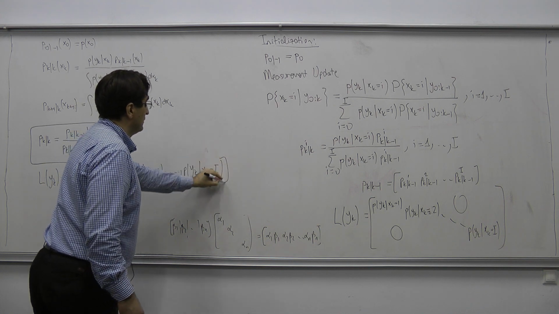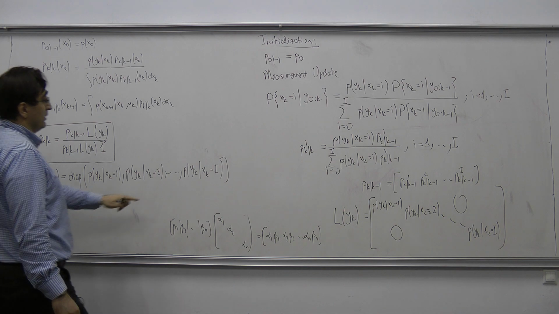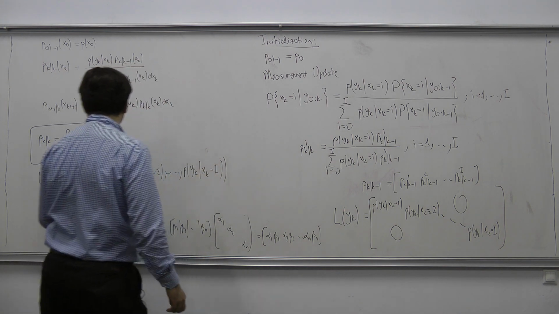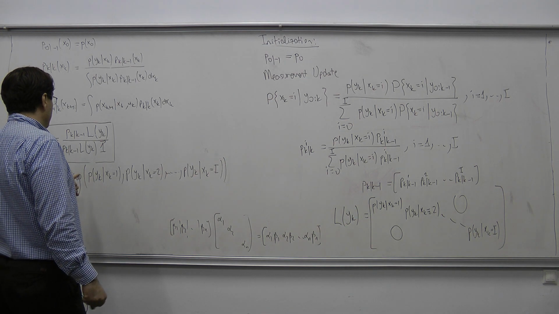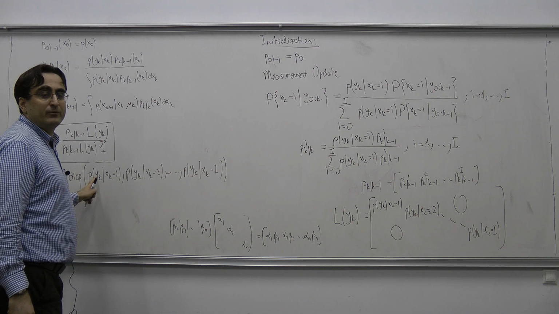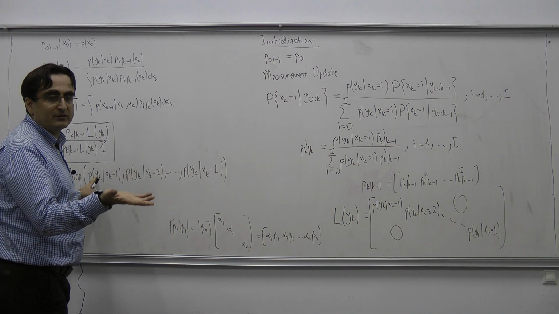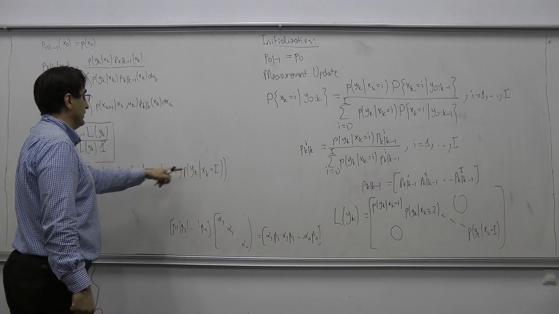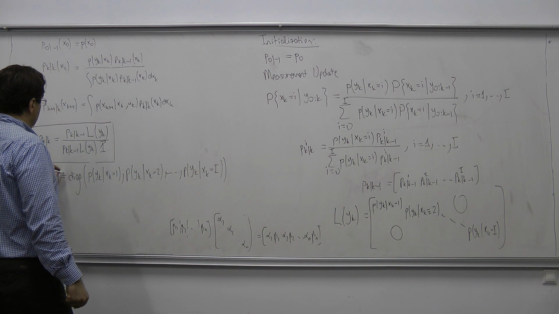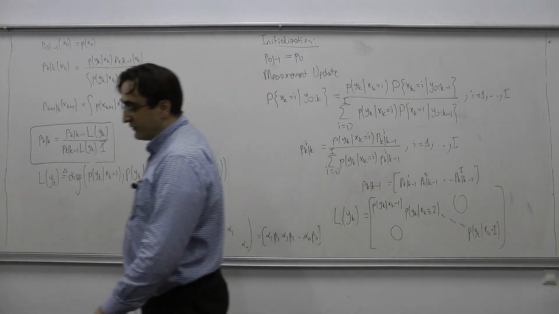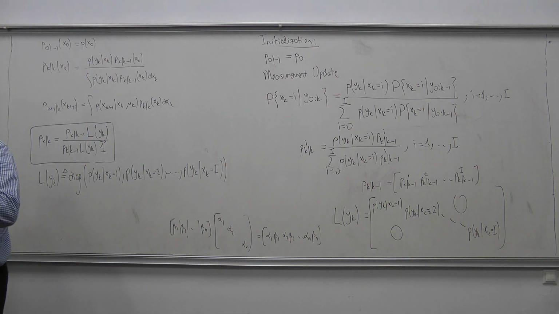Okay? You have to be careful here. We are not forming this matrix by using different values of y. The value of y here is fixed, whatever we measured at time k, okay? And we are changing the state values here, all right? That is L of y_k. So we complete, in this case, our measurement update.